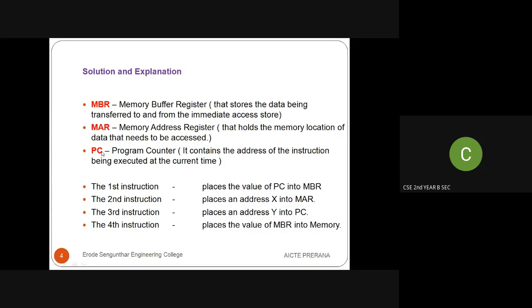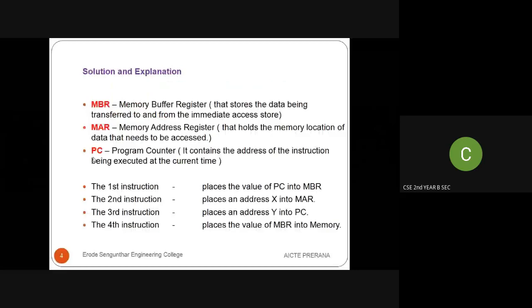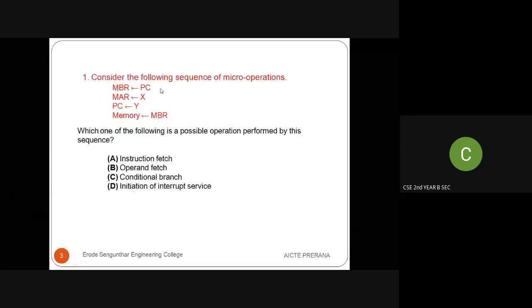Okay, so the third one is program counter. We are very familiar with this program counter. Program counter is meant for pointing to the address of the instruction that is to be executed next, or the address of the instruction that is currently being processed. So these 3 types of registers are given in this question. Now consider the first instruction, MBR tends to PC.